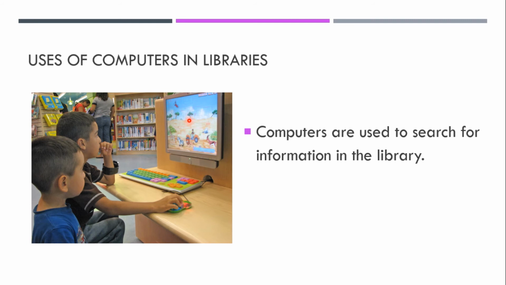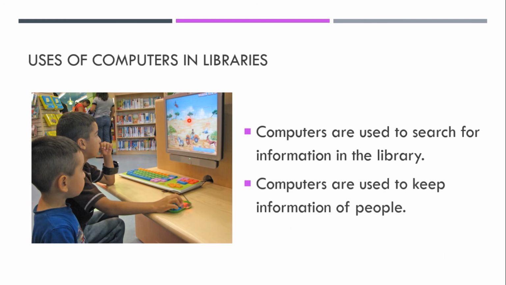Or there is something you need to find out, the librarian is not there or your computer teacher is not around. You could use the computer. So the computers can allow you to do a whole lot of things in the library and also help you to do your research. Computers are used to keep information of people in the library also.